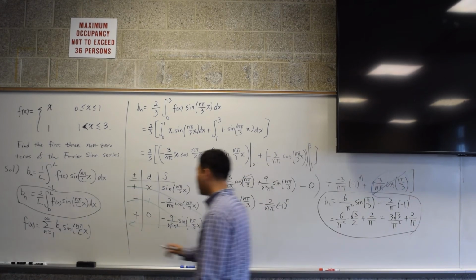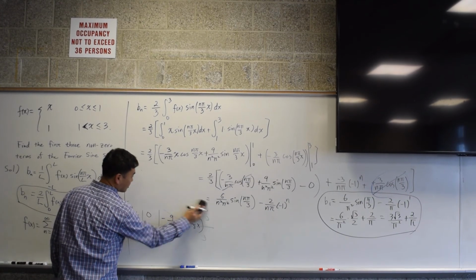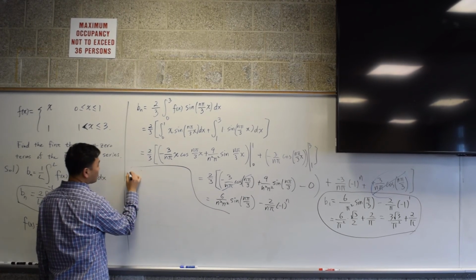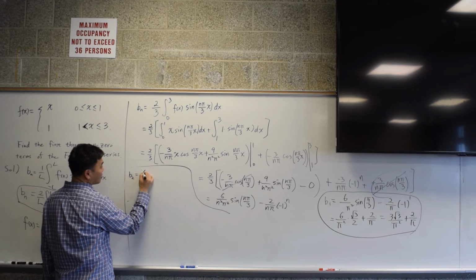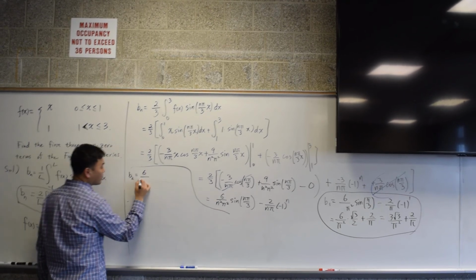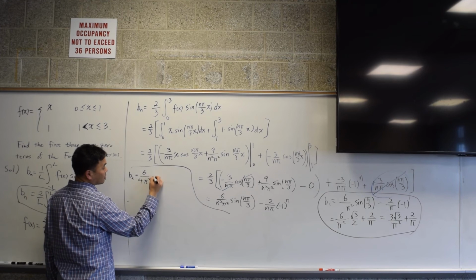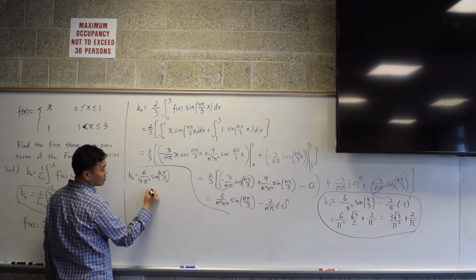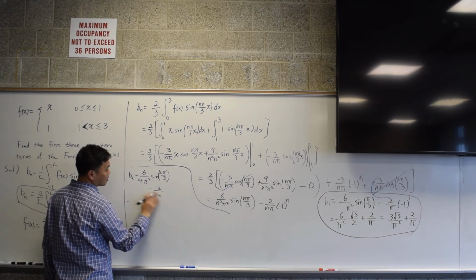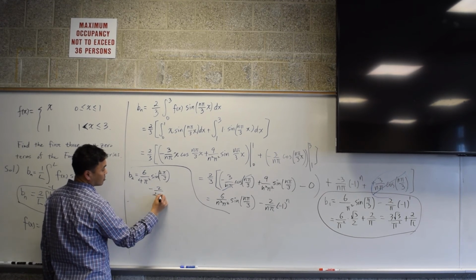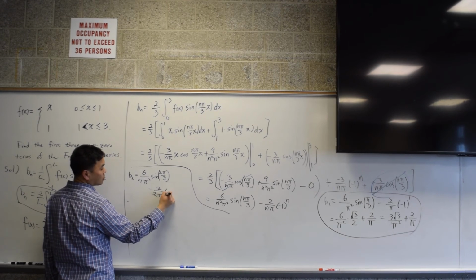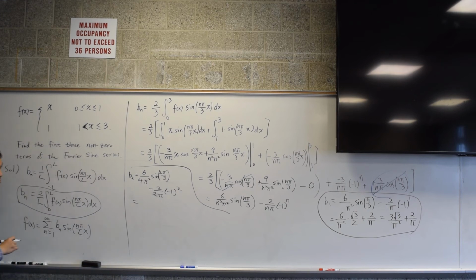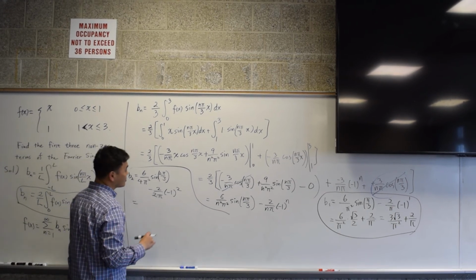All right, and then I need more room here. Let's calculate B2. B2 is 6 over 2 squared, which is 4, so 4 pi squared, sine of 2 pi over 3. Does anyone know what sine of 2 pi over 3 is? Positive radical 3 over 2.